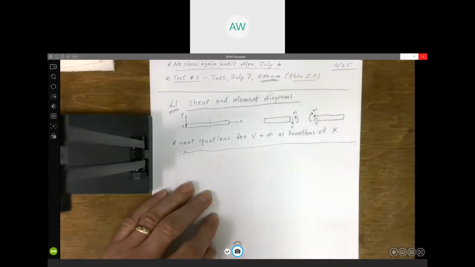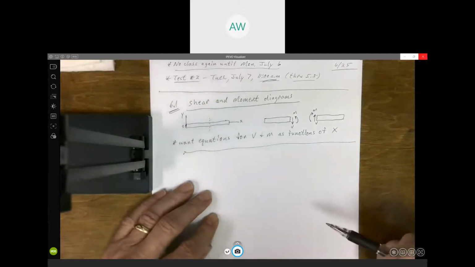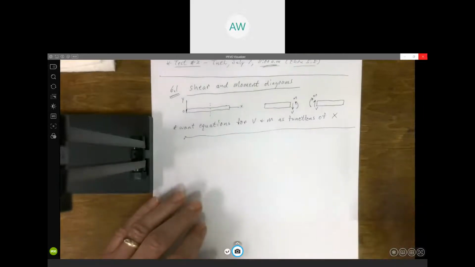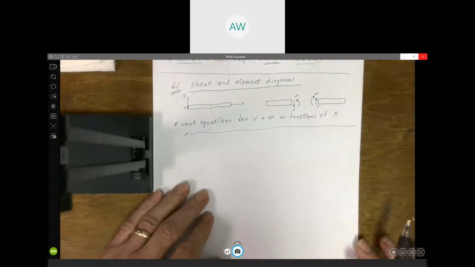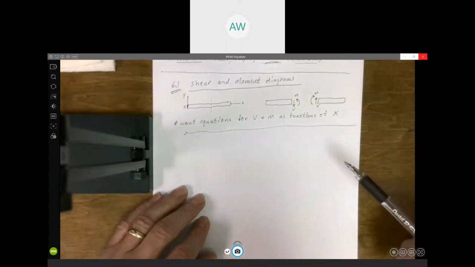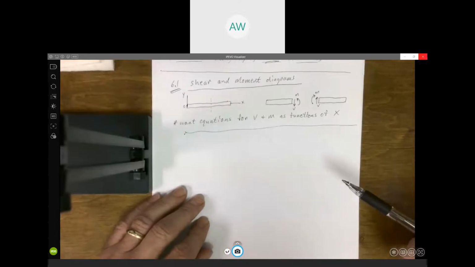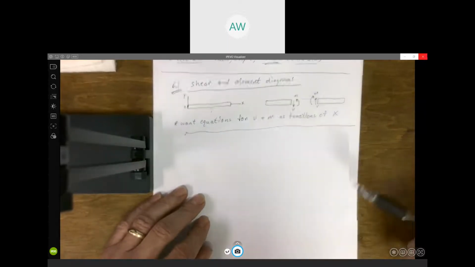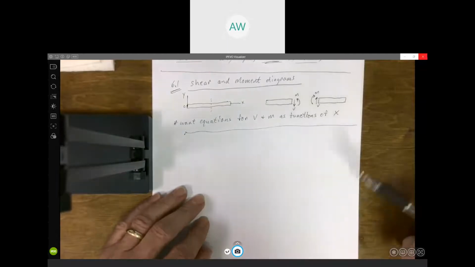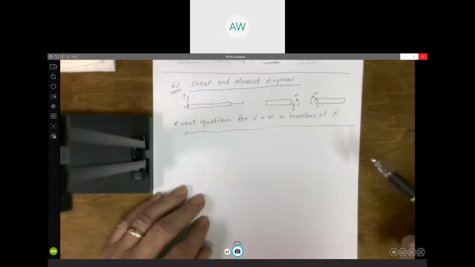This is the first way we're going to look at constructing these shear and moment diagrams. There's more than one way to accomplish this, and this is the way we're going to start with. When we come back after the 4th of July, I'm going to show you a different method that's maybe a little bit quicker, easier, shorter, with less work involved.